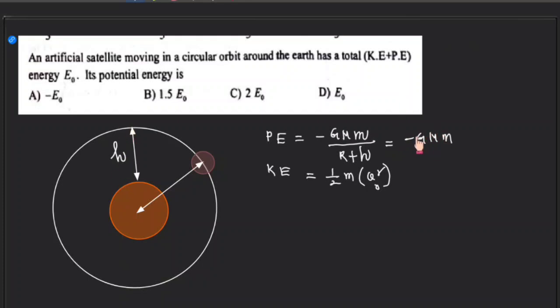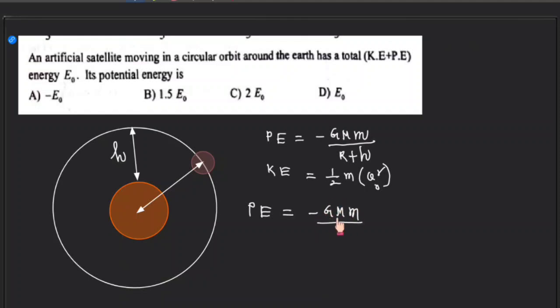So radius అనేది తక్కువగా ఉంటే you could say minus G capital M small m by r. So here also you could say it is nothing but half into m into, let me write here or else. Therefore if radius is more compared to the height, this potential energy can be written as minus G capital M small m by r, right?